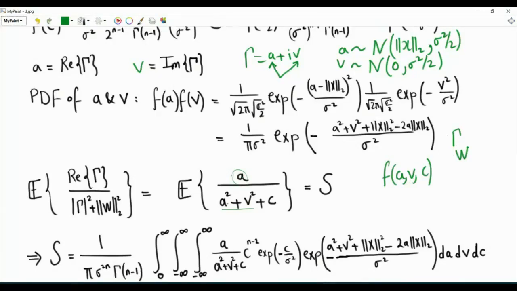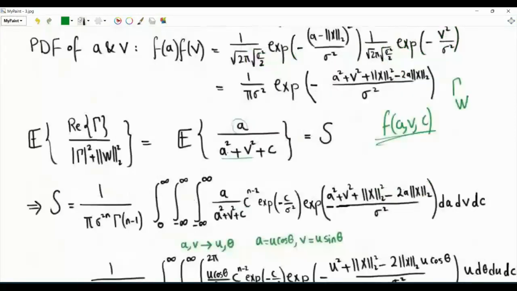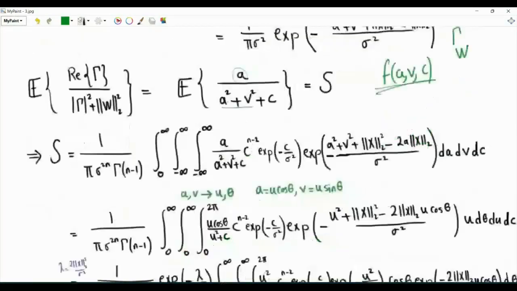And because A and V are the real and imaginary parts of the circularly symmetric gamma, they are independent. So basically, the joint distribution can be written as the PDF of A, the PDF of V, and the PDF of C. Okay, so this is the integral that we need to evaluate so that we get this expectation, which is needed for the mean squared error of the James-Stein estimator.